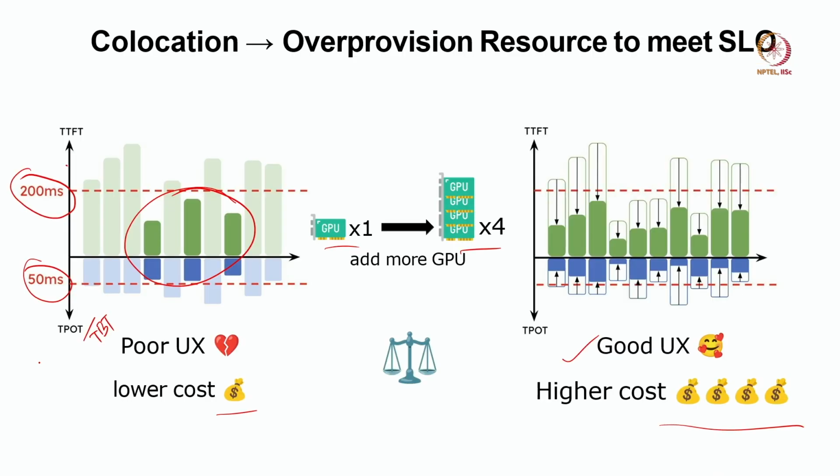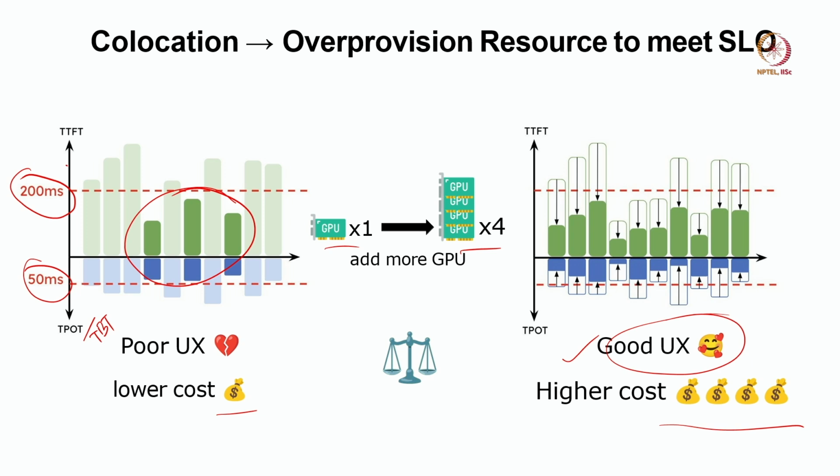So, in the last lecture we discussed the different characteristics of prefill and decode. We discussed that we can throw more GPUs at the problem if the service level objectives are not met. If we throw more GPUs, then of course we will have a good user experience. The user will be happy because all the service level objectives are met, but with higher cost, right.